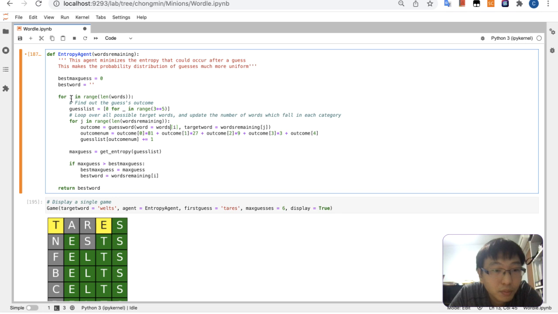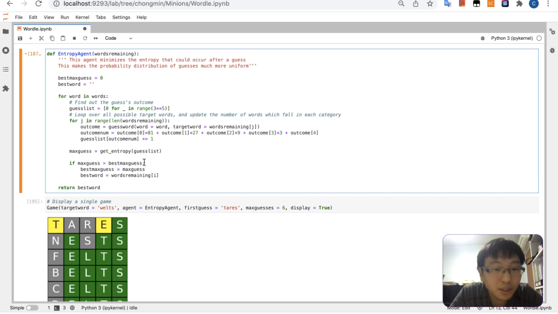Here, actually, we can just do this for word in words, and we can just change this later.